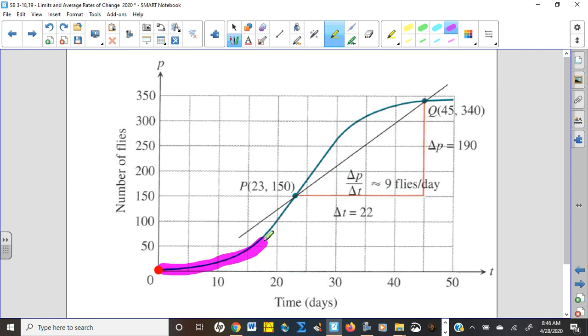Suddenly, that growth is going to really start to take off. It's going to start to increase. It's going to get faster and faster. Now, if there were unlimited resources and unlimited room, maybe it would just keep doing that forever, right? But of course, that's not the reality of a finite world. And eventually, room and resources start to run out, and then that growth eventually starts to slow down.